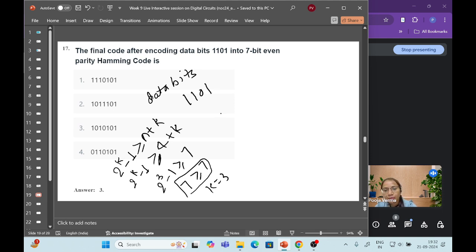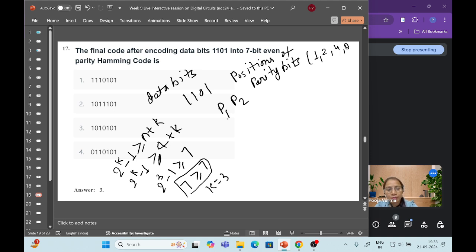Now we have to write in the same way P1, P2. Already we know that parity bits are added in the power of 2 positions, that is 1, 2, 4, 8.